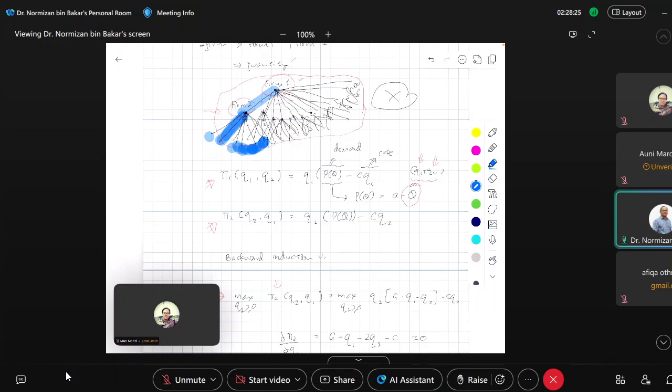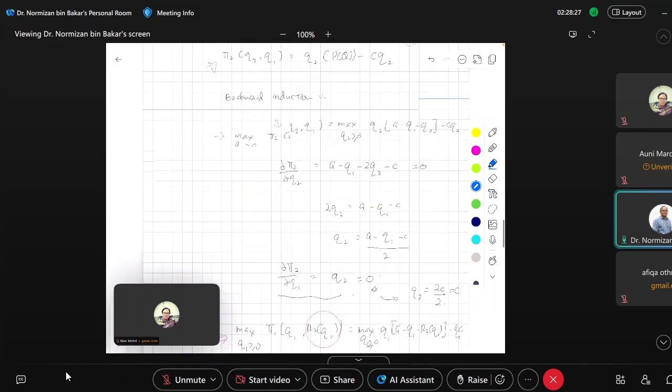So our point today, what we have learned, is first what we call the dynamic game. A dynamic game is when the game is in sequence, and we may show it by a game tree.